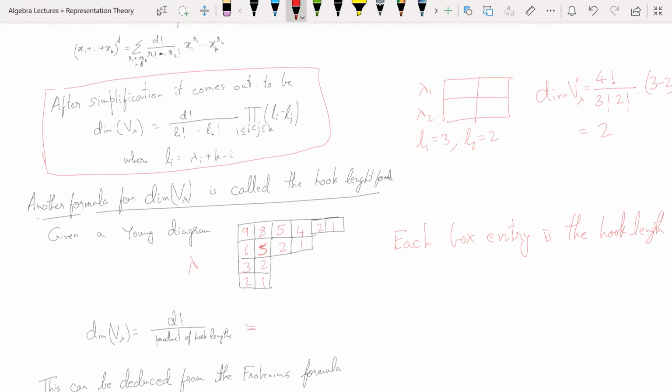I'm not going to do the computation, but 6 plus 4, 10 plus 4, 14. So 14 factorial divided by the product of these numbers, not factorials, just the numbers: 9, 8, 5, 4, 2, then 6, 5, 2, 3, 2, 2, and 3 ones. So this at least seems a little easier to compute, but it follows from here.